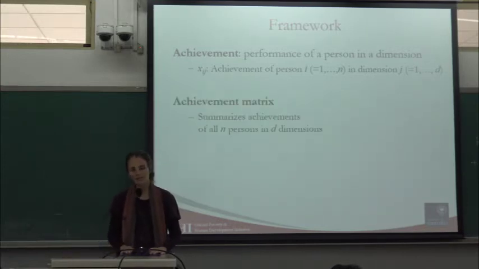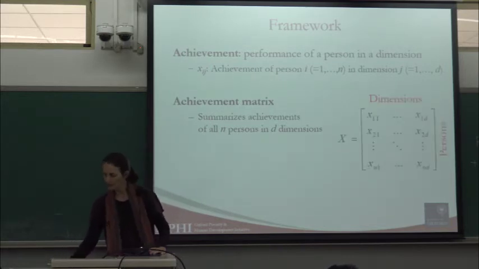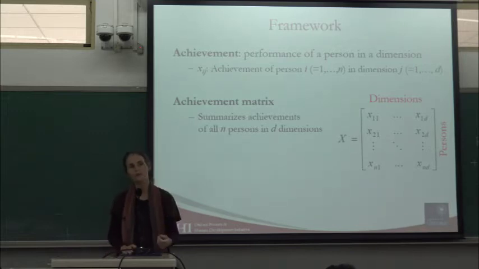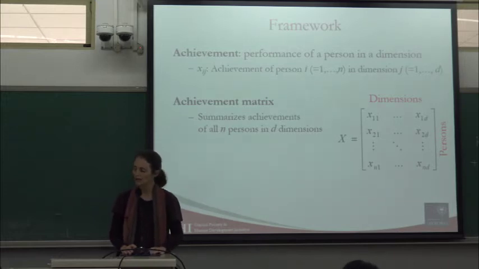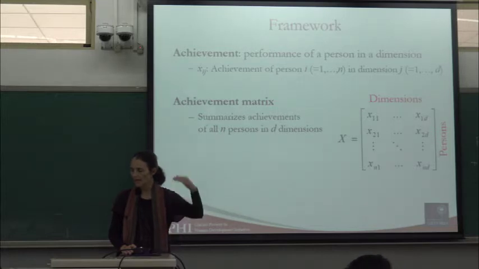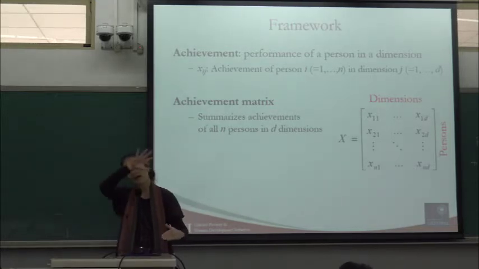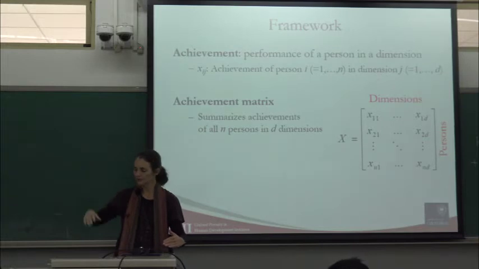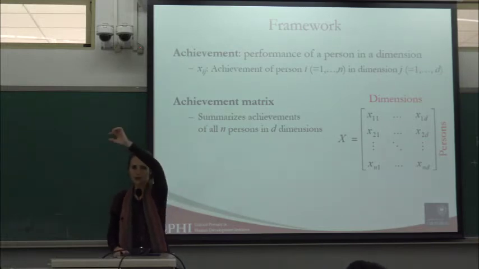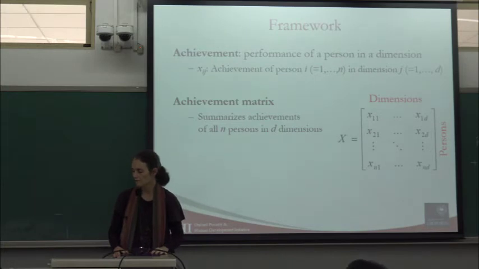An achievement matrix summarizes the achievements of all n people in d dimensions. So for example, this would be the income, this would be the years of schooling completed, this would be the health status or the housing quality achievements of each person. And the people are in rows and the dimensions are in columns. So Anna in the first row, Bob in the second row, Chang in the third row.